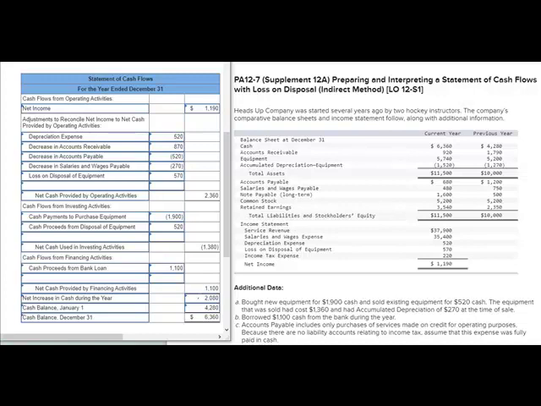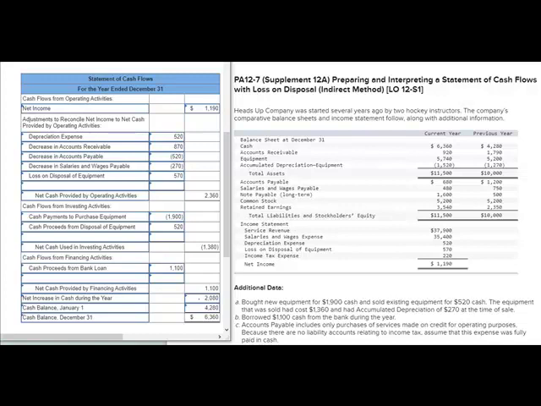And then what I'll do is combine these three amounts, net cash provided by operating activities, this figure here, and this figure here, to get to my net increase in cash during the year.